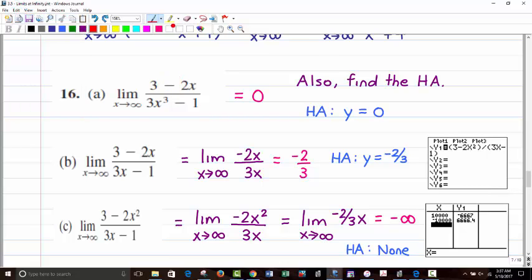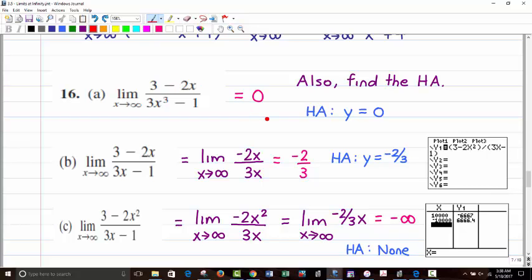It doesn't matter for this one, though, because you have a larger power on the bottom than the top, so it's automatically going to 0. If you miss the negative, that's okay.